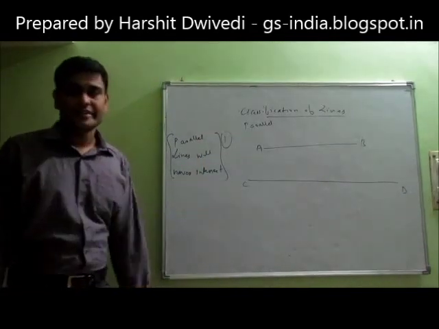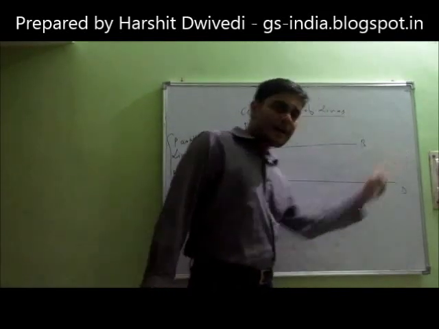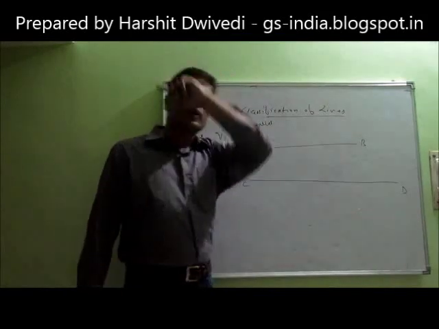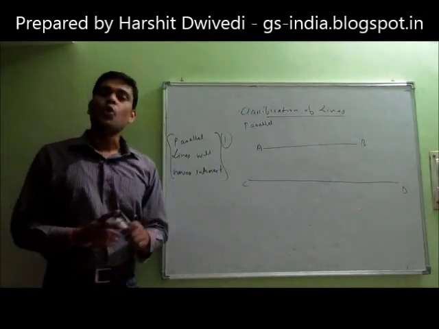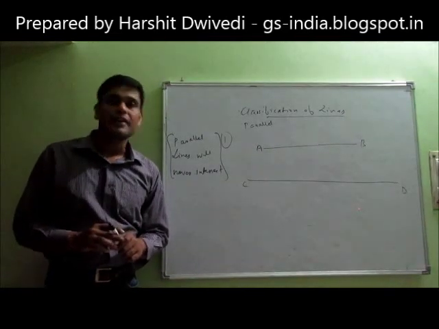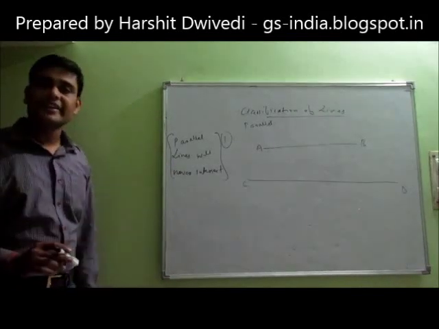Parallel lines will never intersect because this AB line is going on in a straight path, this CD line is going on in a straight path, and they will continue going on. So in some books it is also written that those coplanar lines which never intersect are parallel lines.